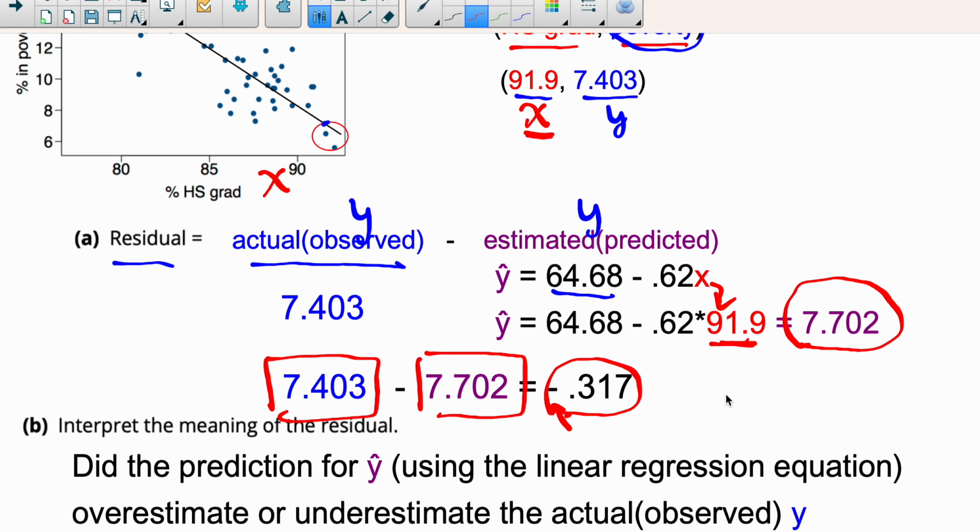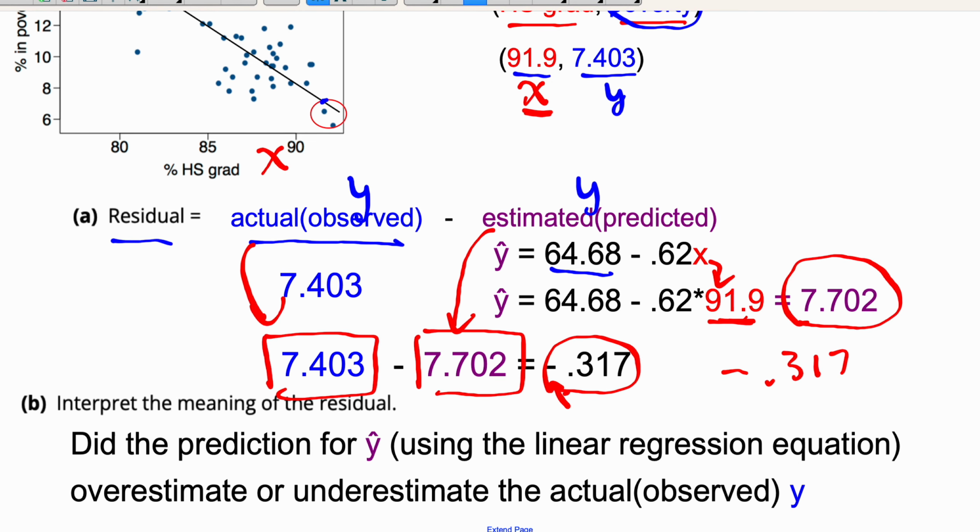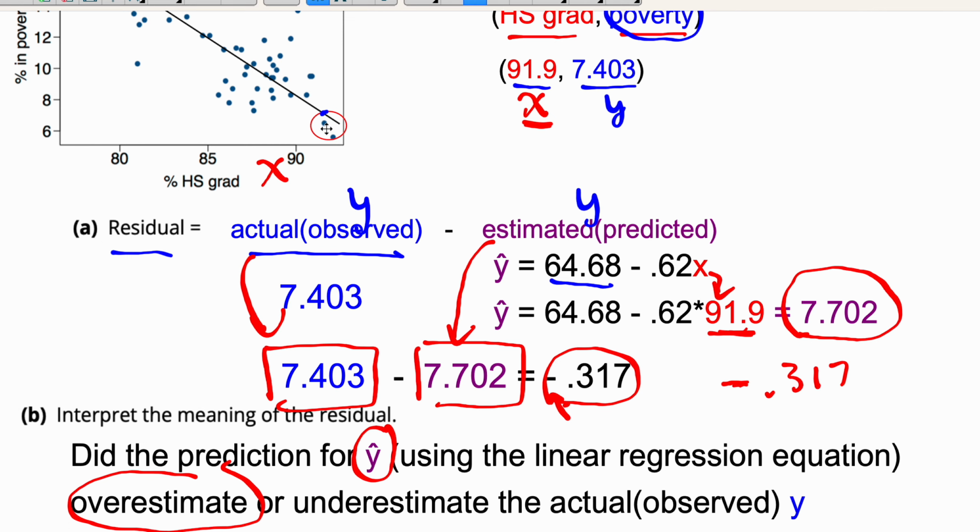So that's the residual, negative 0.317, meaning that the estimate was bigger than the actual. Let's interpret that. What does that mean? It's asking, did it overestimate or underestimate? Well, it overestimated. This one's sort of counterintuitive because of the negative sign. It just means that, if you look here, our actual is below the line.